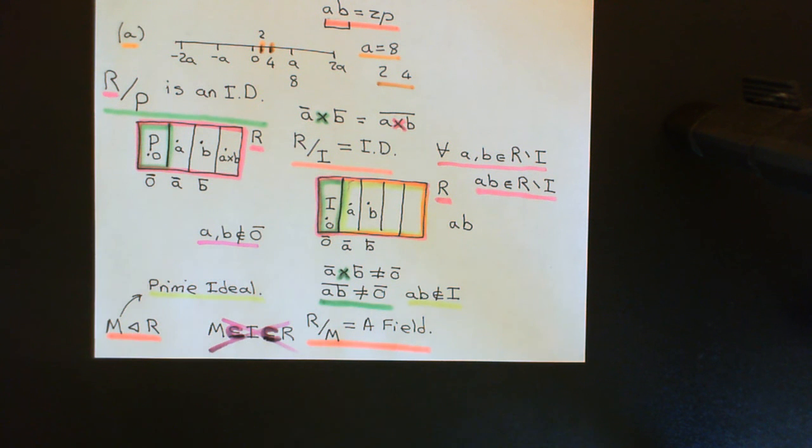A field is a non-zero commutative ring in which all elements have multiplicative inverses, and we have shown in previous videos that if you have multiplicative inverses for all non-additive identity elements, you can then conclude that if you multiply together two non-additive identity elements, you must get a non-additive identity element.